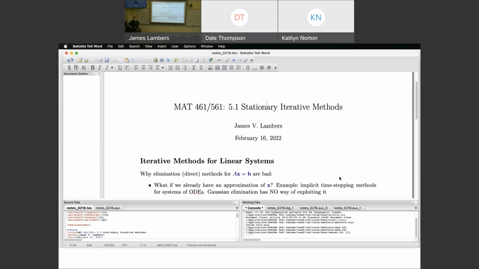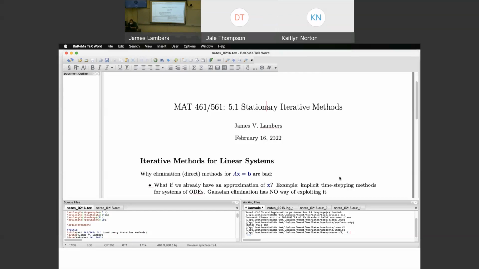Because you're time-stepping, your solution is only changing a little bit in time. So in that case, your previous solution already is a decent approximation of your new solution. Therefore, it serves as an accurate initial guess. And that doesn't help you with a direct method.